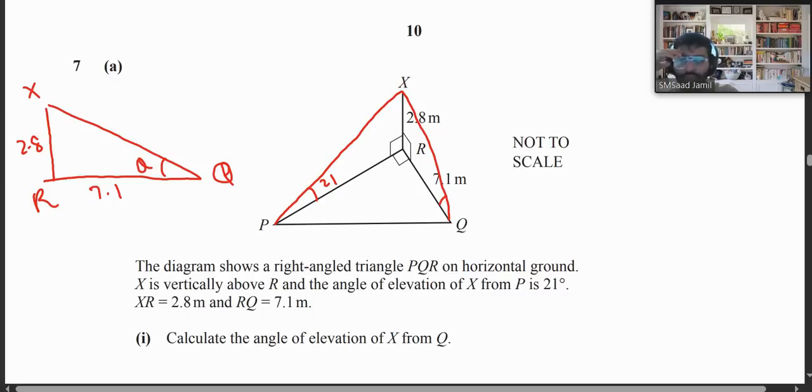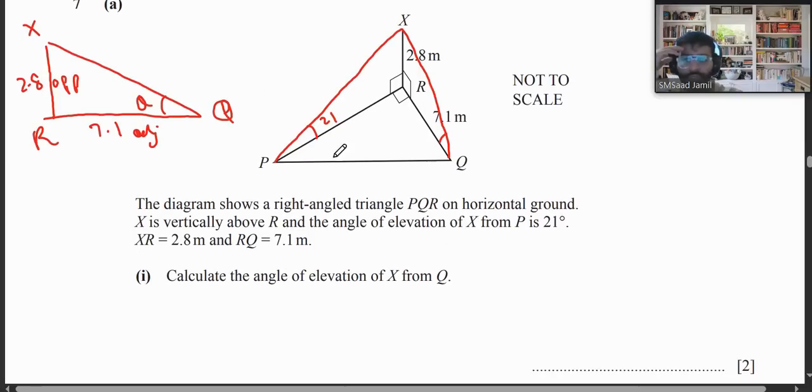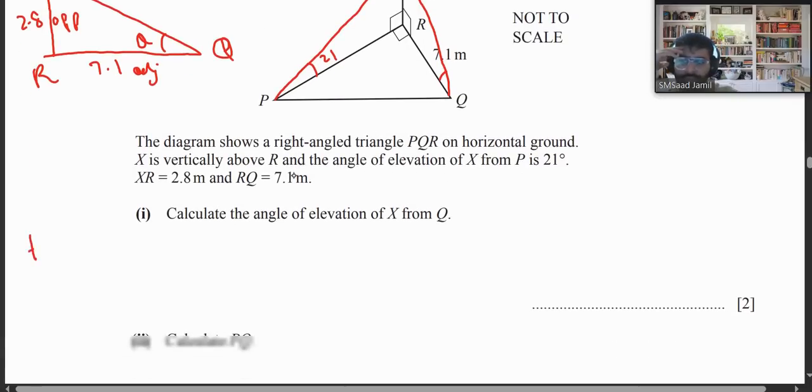Okay. So this is opposite, adjacent. Opposite and adjacent comes in what? Tan. So I will do tan theta is equal to opposite 2.8 upon adjacent 7.1.